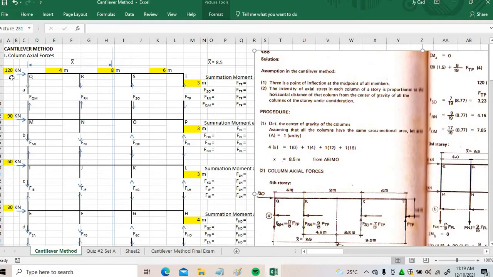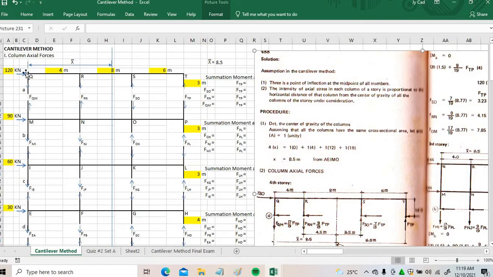Okay? Notice na kung magte-take tayo ng moment dito sa mid-height ng A, okay, or mid-height ng QM, this is point A, the 120 kilonewton lateral force would cause a clockwise moment. Okay?